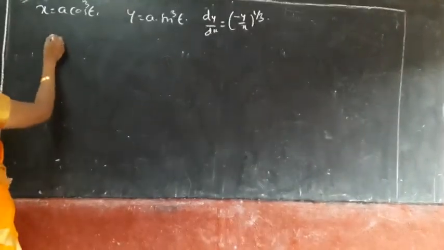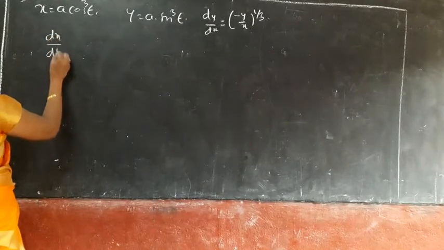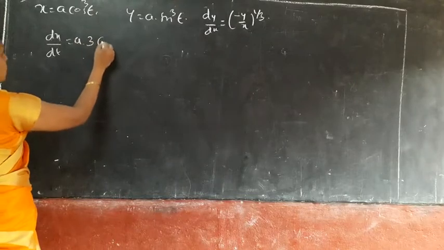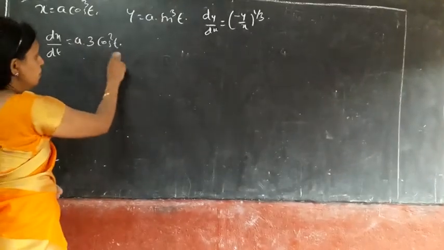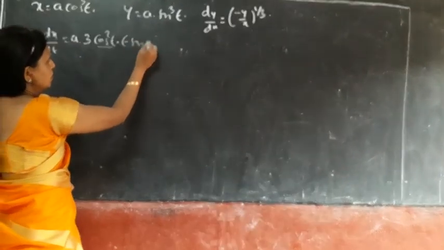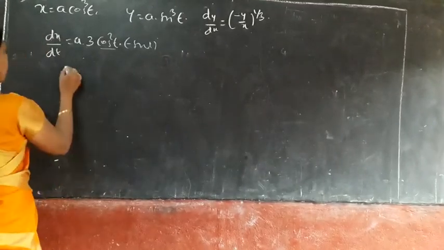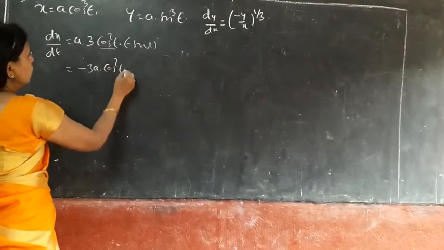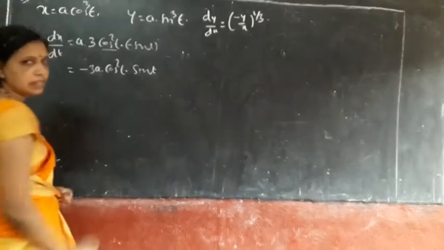Differentiate x with respect to t. a is a constant, differentiation of cos cube t is 3 cos square t, and differentiation of cos t is minus sin t. This becomes minus 3a cos square t into sin t.